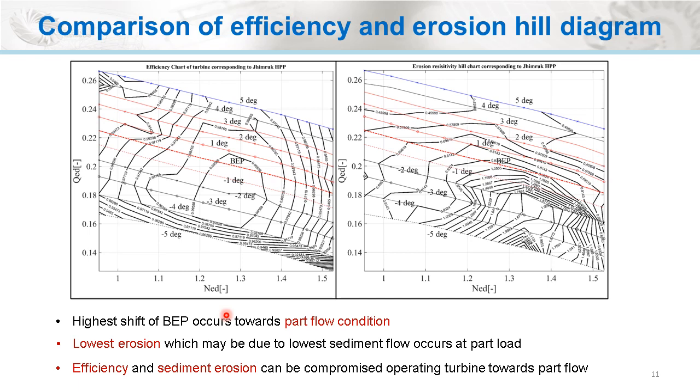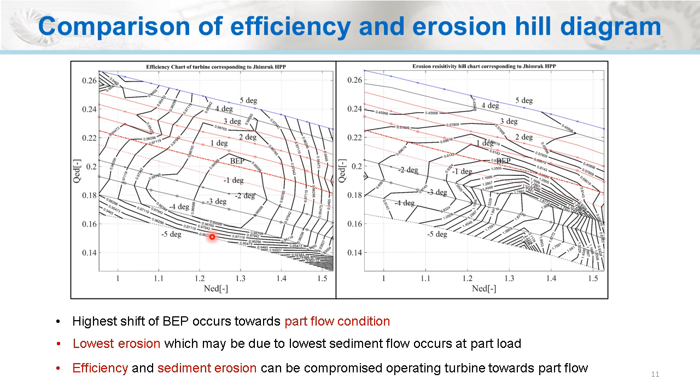The tolerance for head variation was maintained at less than 1% at any operating condition, which was the most challenging task. While talking about the efficiency hill diagram, the efficiency was normalized with respect to the best efficiency point. Here, the best efficiency point is shifted towards the part load condition.